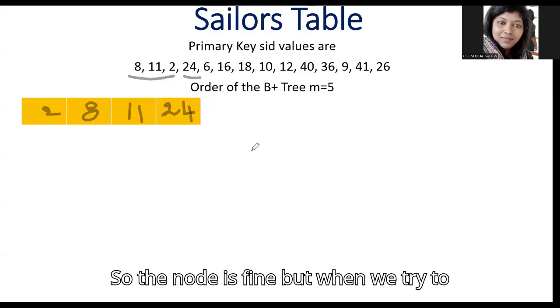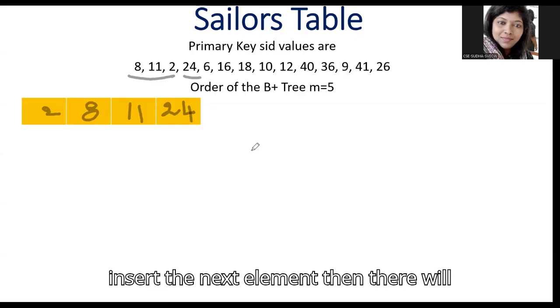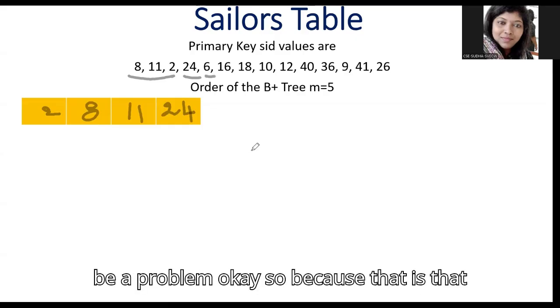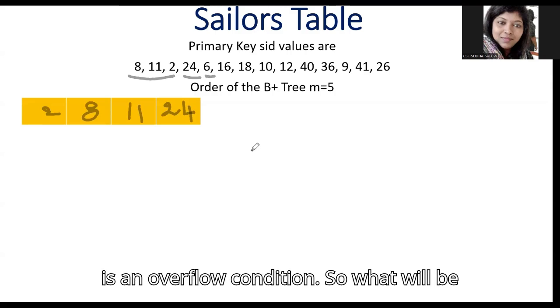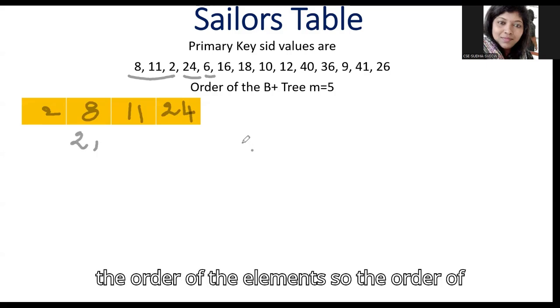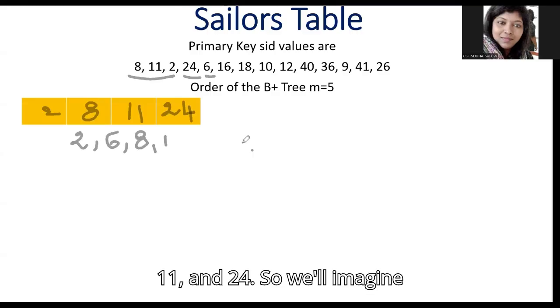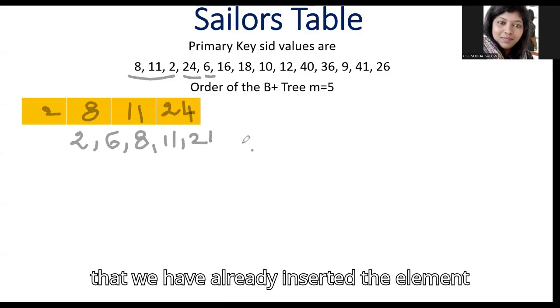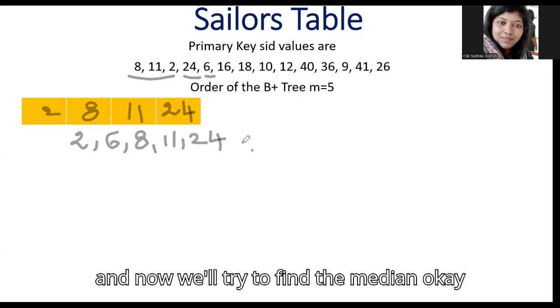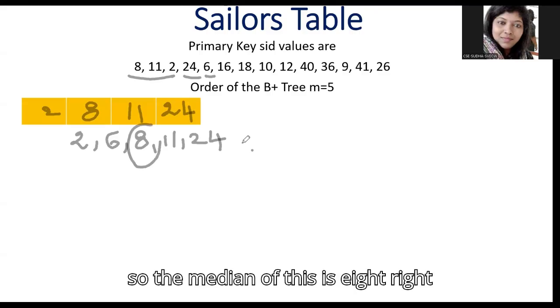The node is fine so far, but when we try to insert the next element, there will be a problem, because that is an overflow condition. The order of the elements will be 2, 6, 8, 11 and 24. We imagine we have already inserted the element, and now we find the median. The median is 8.